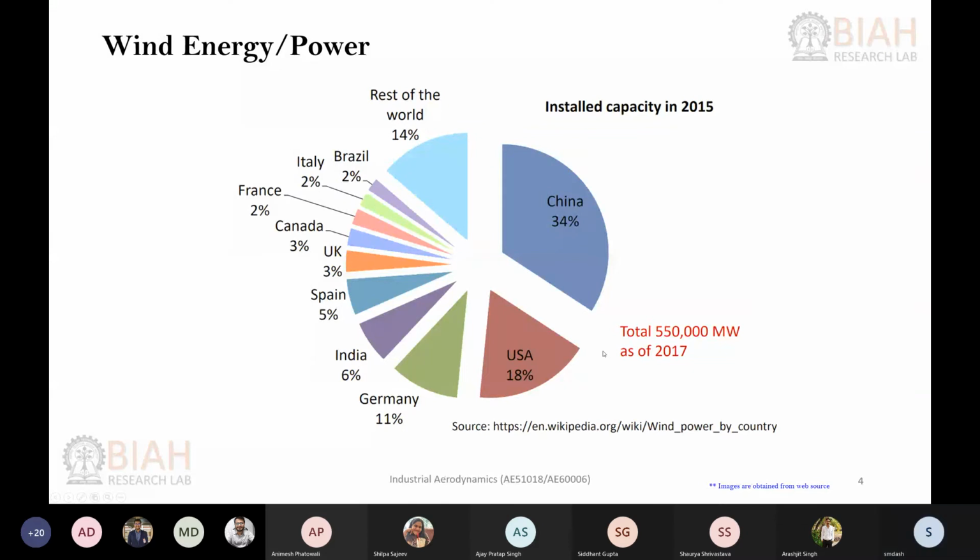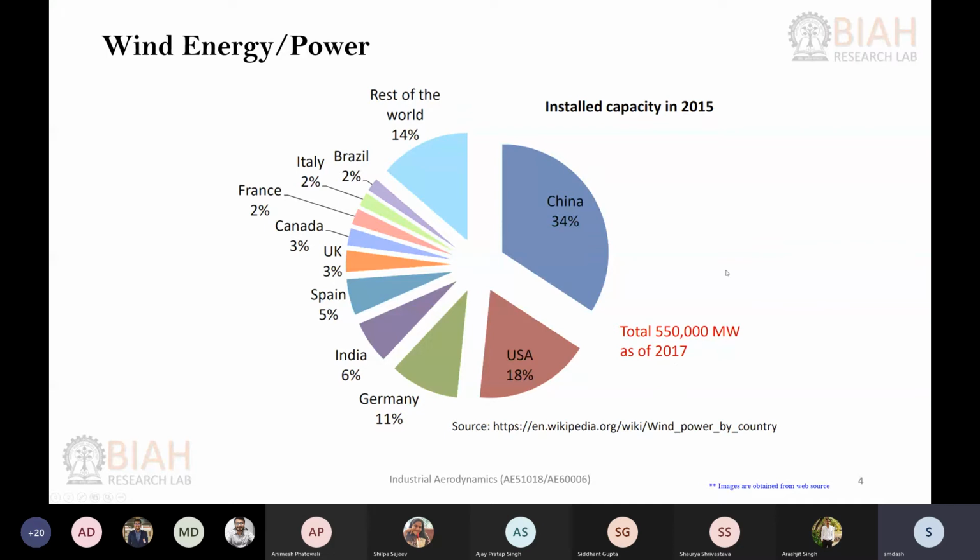This data is as of 2017. I did not get the updated one. We can see that China has 34% of its energy being extracted from the wind, USA around 18% of its whole energy consumption, and India around 6% during 2017.